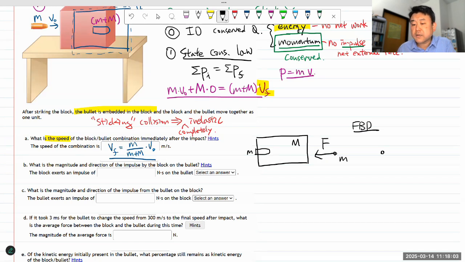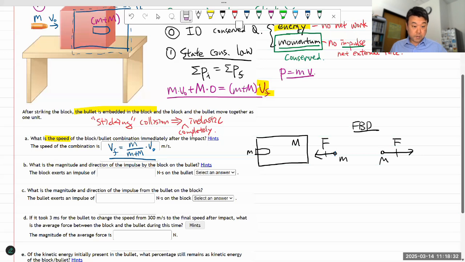The block is speeding up to the right, so there must be an applied force that way. And these should be action-reaction forces. There are internal forces, and of course there are other forces like gravity and normal force, but I'm just ignoring all those because they balance each other out and they don't affect anything.